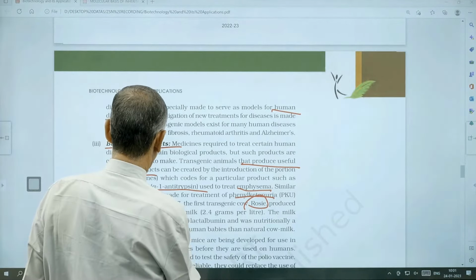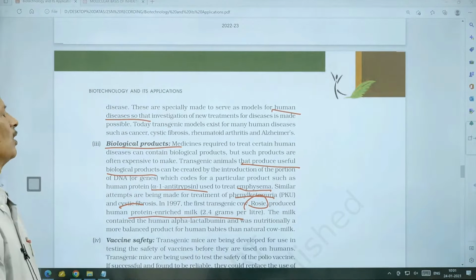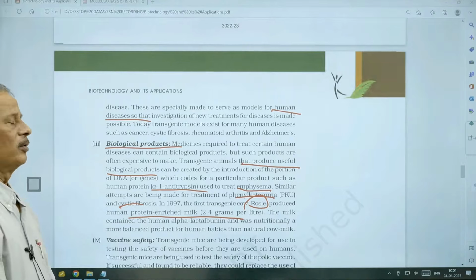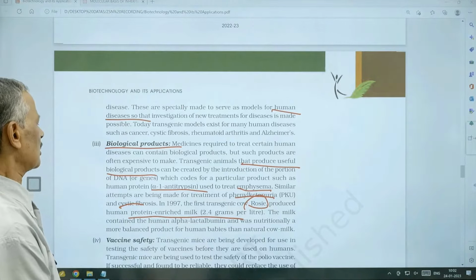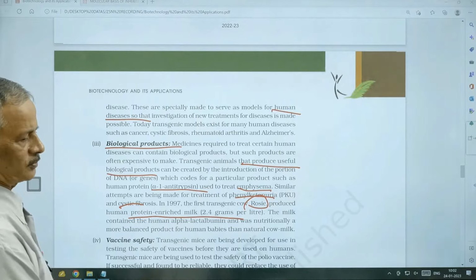So, protein-enriched milk that contains 2.4 grams of human lactalbumin per liter was produced. That is very ideal for babies to grow. The milk contained human alpha-lactalbumin and was nutritionally a more balanced product.